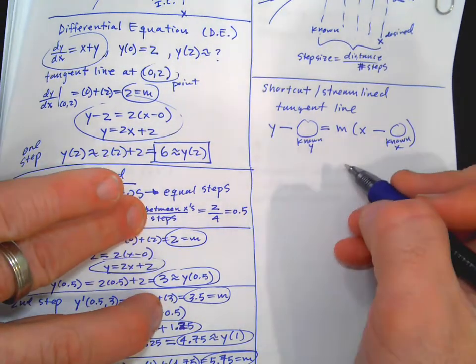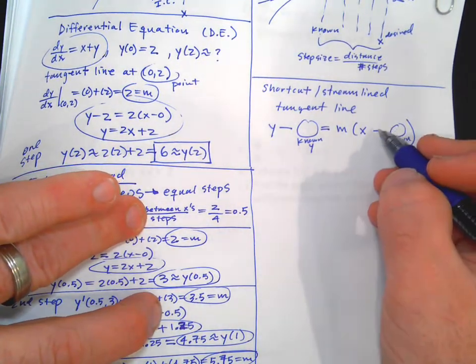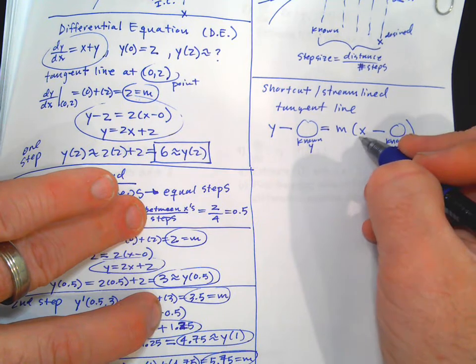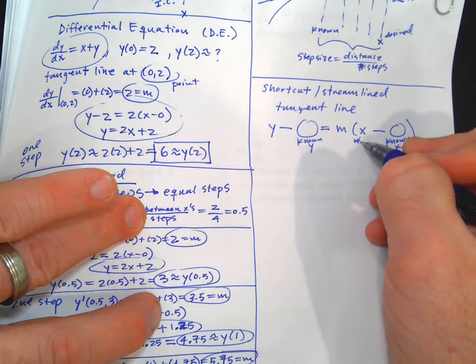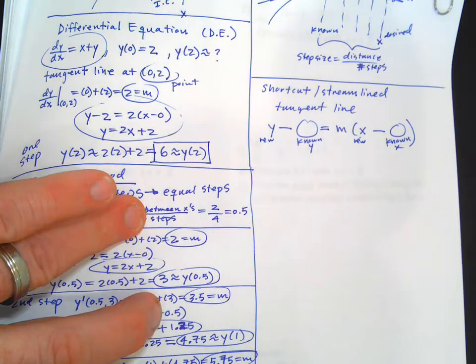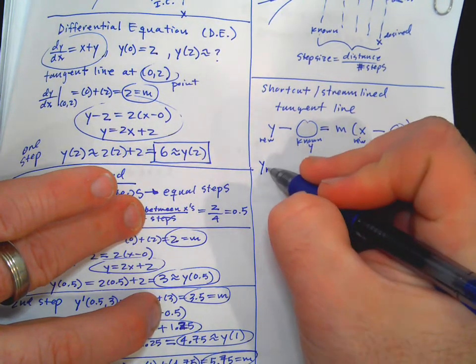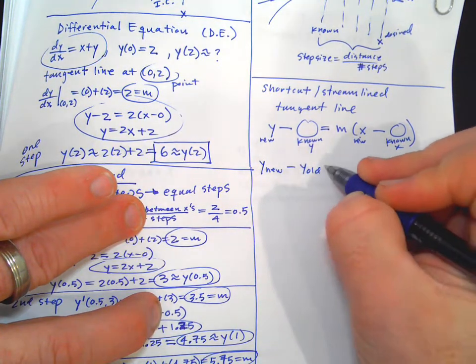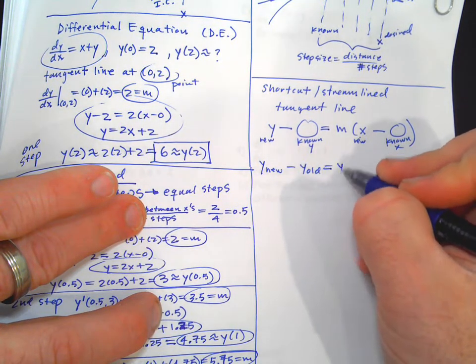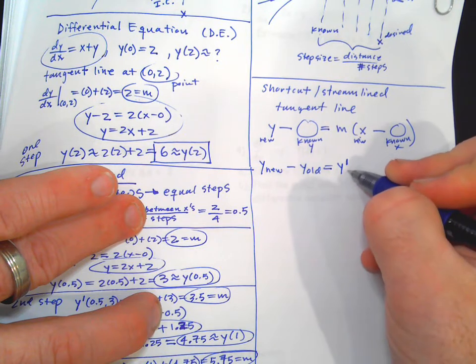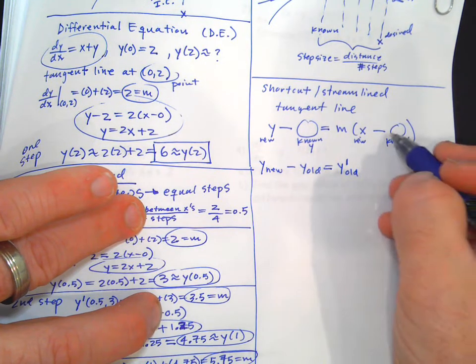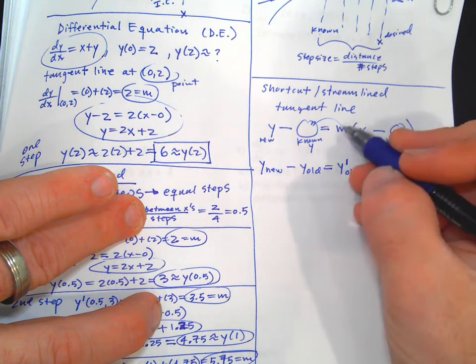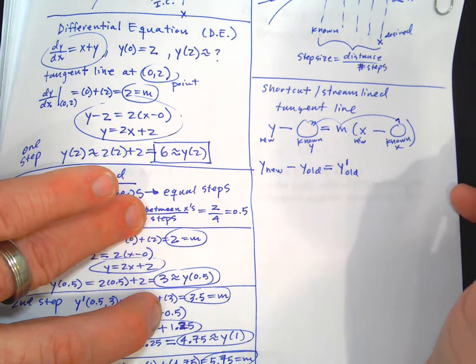Now, what we're going to do is we're going to use this to plug a new x in and get a new y out for our next estimate, our next step. So I'm going to rewrite this as y new minus y old, previous. And the slope is going to come from the derivative at the last point. So we're going to calculate the derivative at the known x and y. That's what we were just doing in all that work, okay?